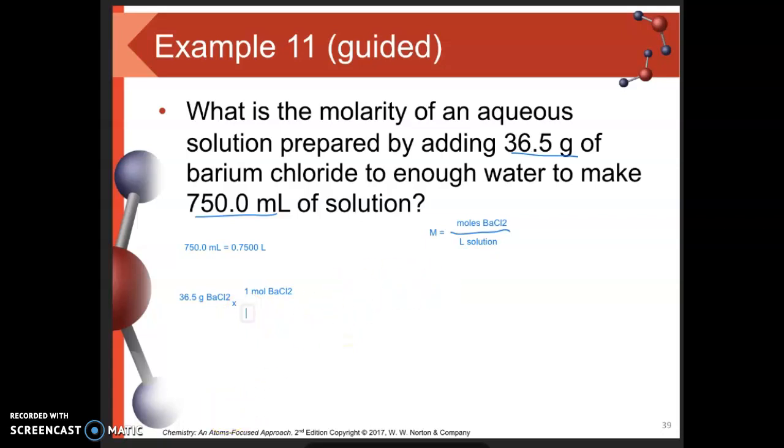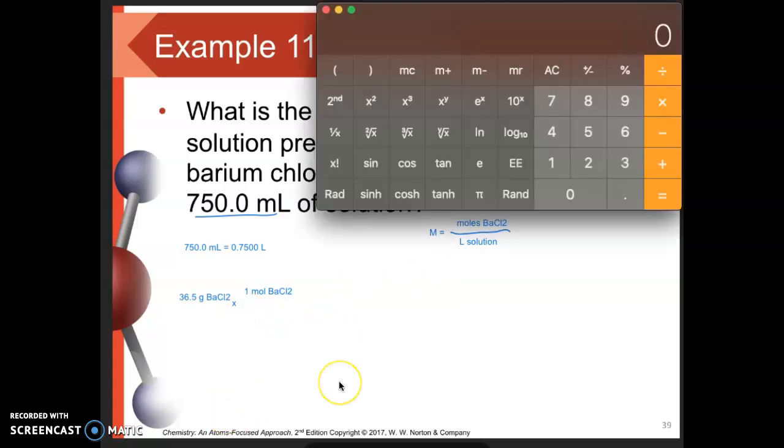For this, I'm going to need my calculator. All right, there we go. Molar mass of barium is 137.33 plus the molar mass of chlorine is 35.45, and there are two of those. So my total mass, 208.23.